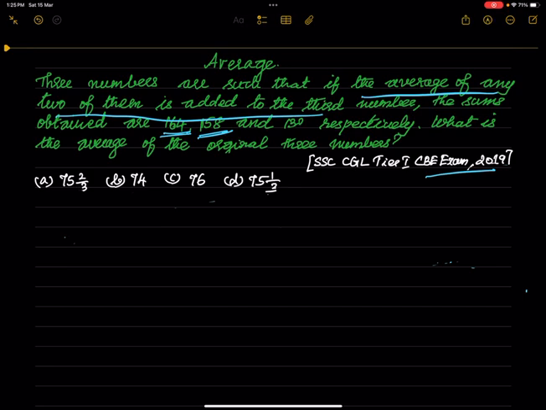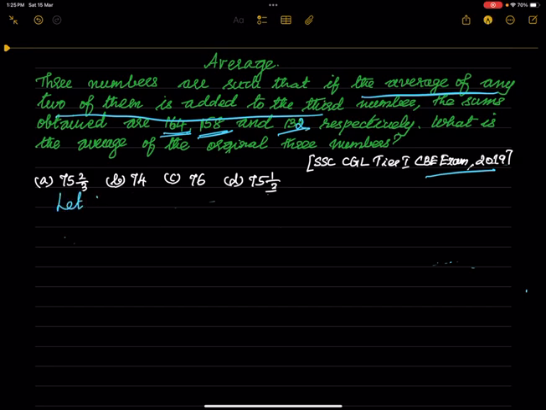Similarly, if you do the same operation, that is, if you add the first and last number and find the average, then add that average to the middle number, you will get 132. That is given. Let us do the problem.